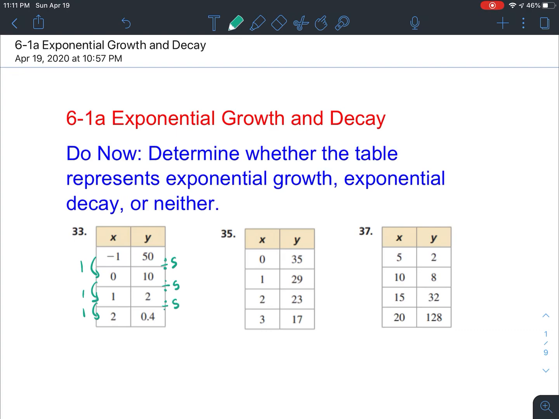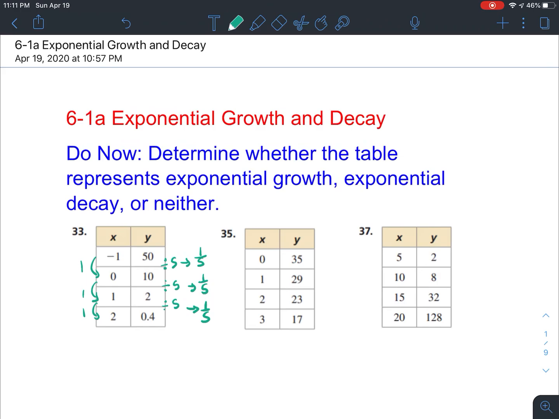So we have this constant division. Now, one thing you need to start understanding is that division is just multiplication by a fraction. So dividing by 5 is the same as multiplying by 1/5.